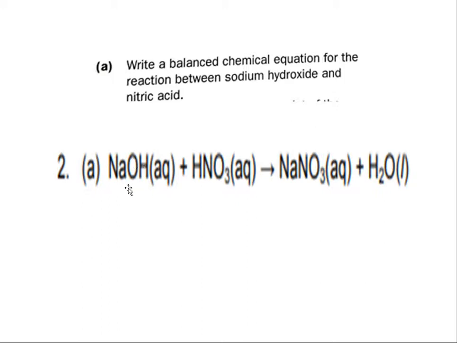So what kind of reaction is it? It's a neutralization reaction. Sodium hydroxide plus nitric acid gives salt and water. Water I've made, and salt is sodium nitrate. Now let's see if it's balanced. 2 hydrogens, 3 oxygen, 4 oxygen, 3 plus 1, 4 oxygen. It's balanced. So this is a balanced chemical equation.